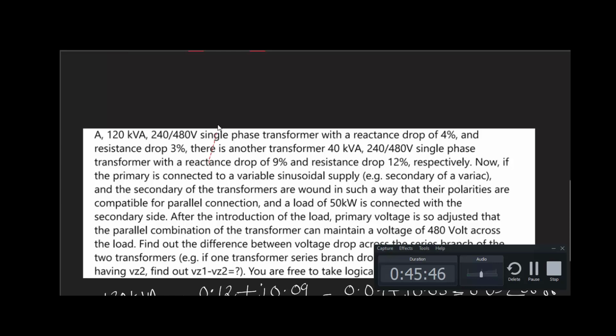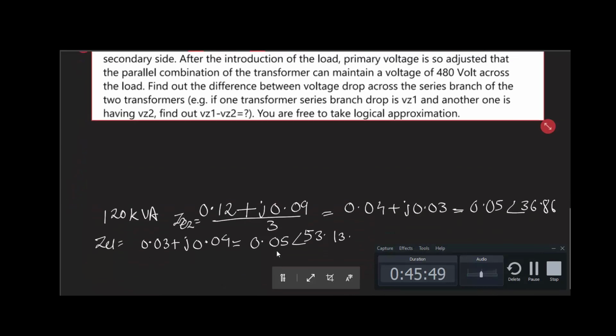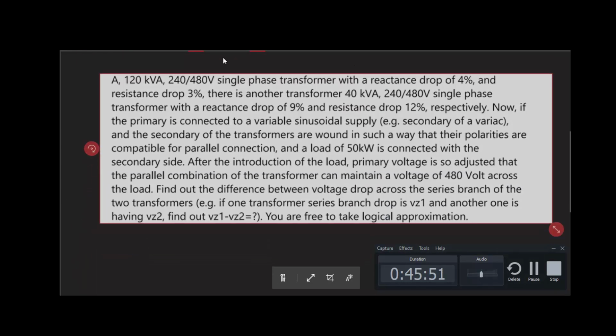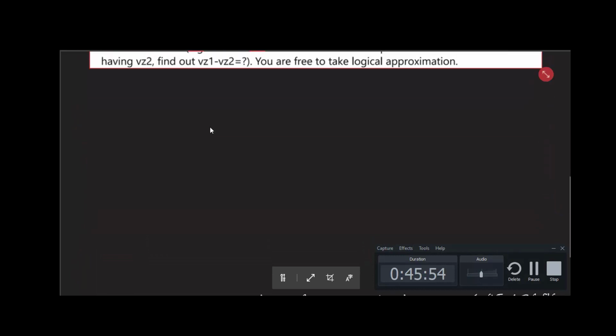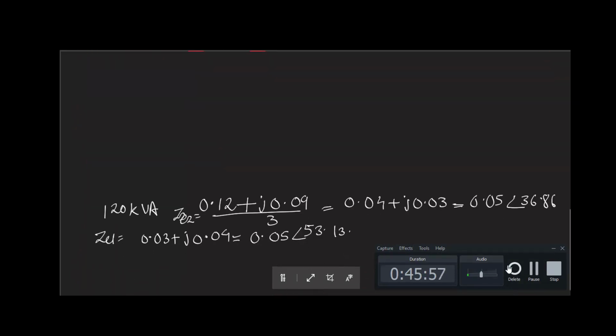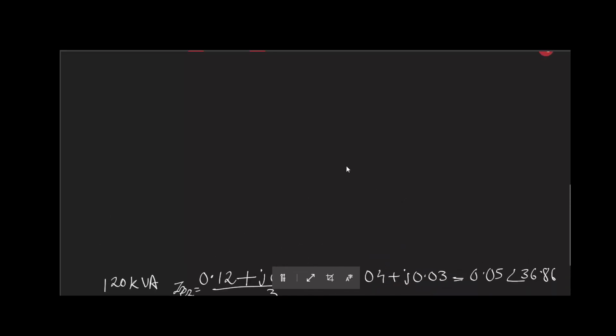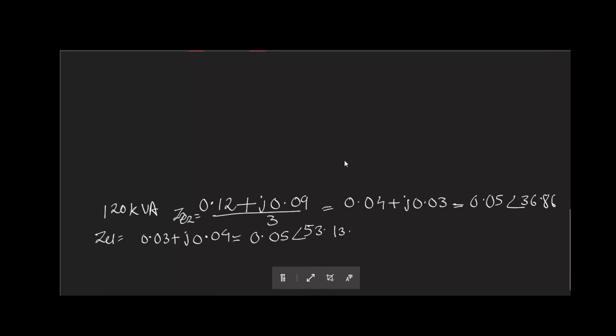So if this is our V2, it is very clear that I1 and I2 will not be in phase. If this is our I1, that is at 36.86 degree, I2 will lag behind by 53.13 degree.